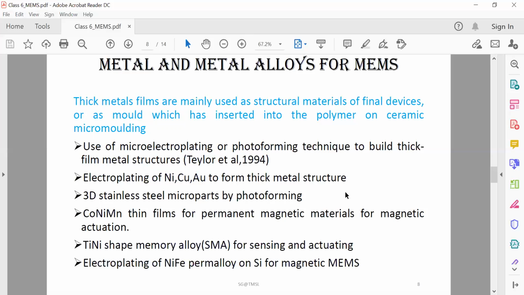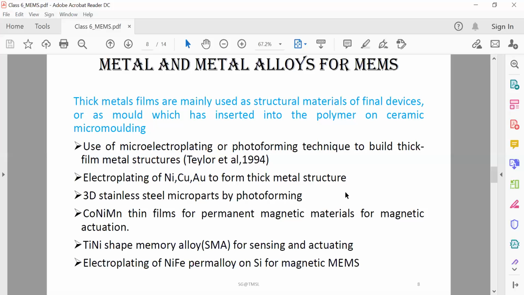Micro machining techniques will be discussed, not now, in a different module. Basically there are two types of micro machining: bulk micro machining and surface micro machining. Machining means you need to machine it in small size. That will be discussed at a certain time.